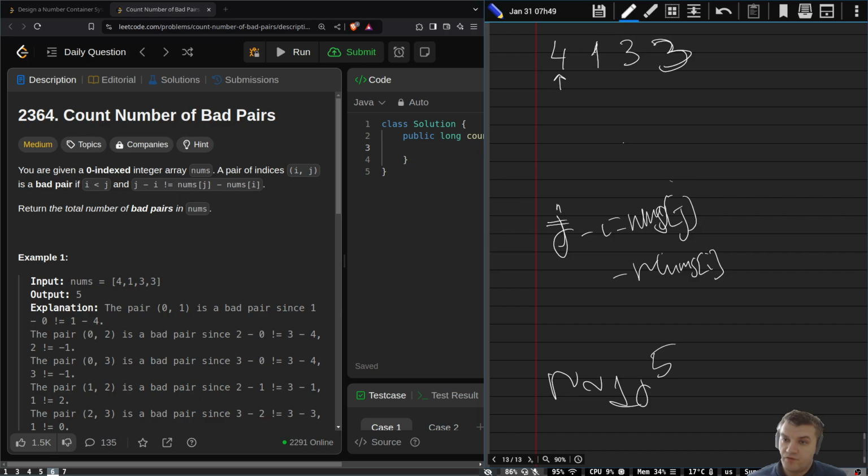So if I have 4, I should figure out whether there exist other values.